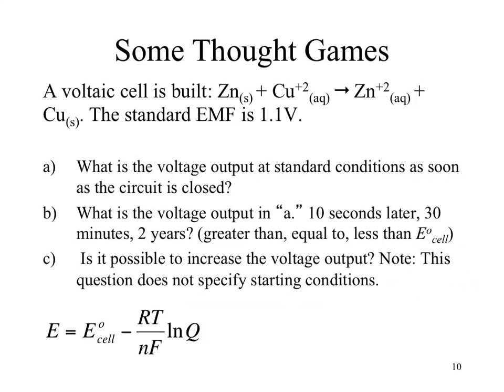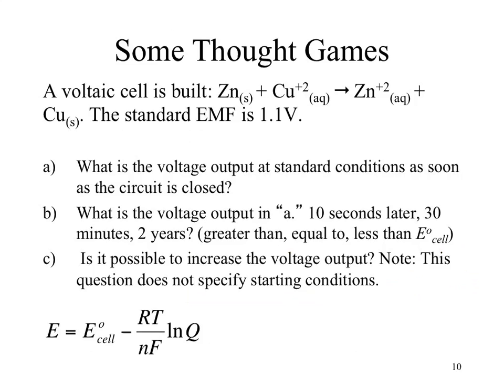A couple ways to do that. Number one, we've been working with zinc and copper ion as voltaic cells now for a week. In each of those cases, we calculated it out to be 1.1, which means our standard cell potential is going to be 1.1 because we trust what we've been talking about in lecture all week.